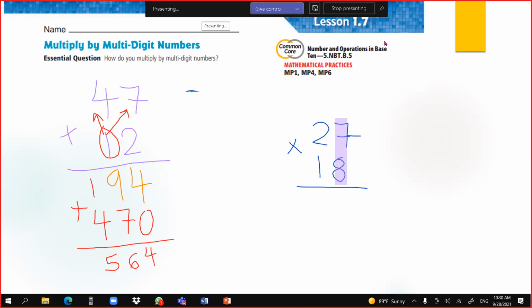Bravo. So now 56. The tens up and the ones down.